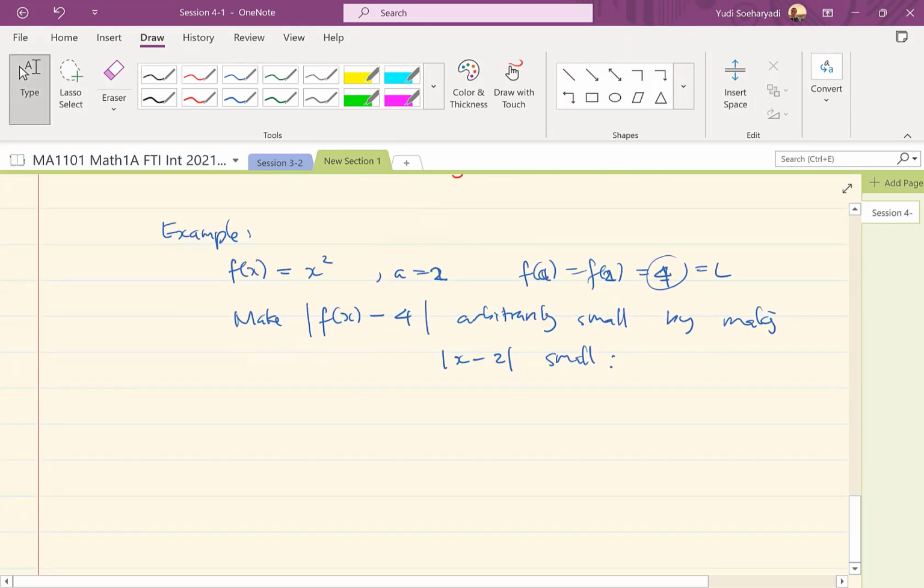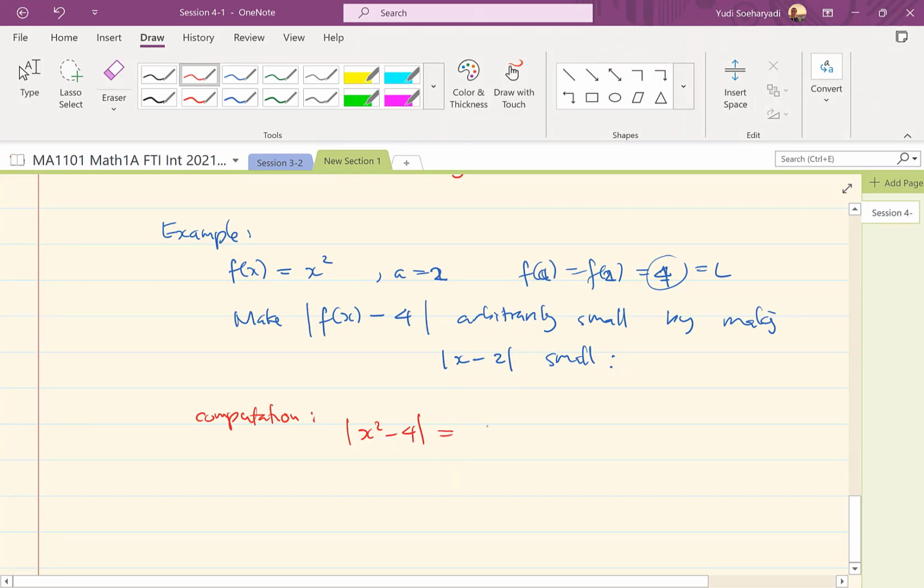Let's do some computation first. Let's check this out. x squared minus 4, right? So somehow you have to make this x minus 2 appear from here.